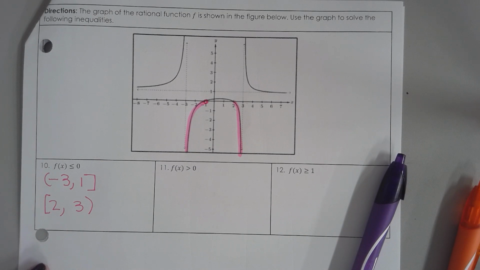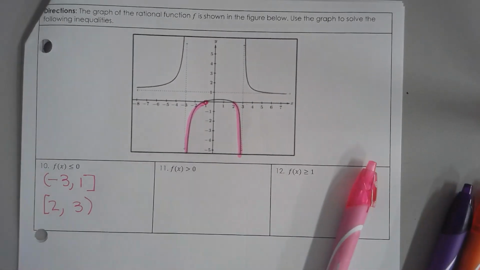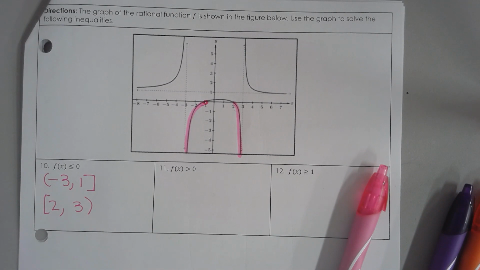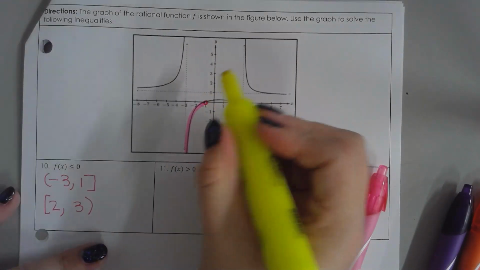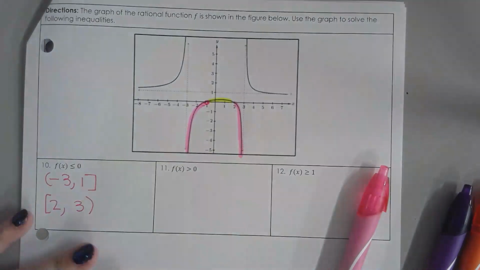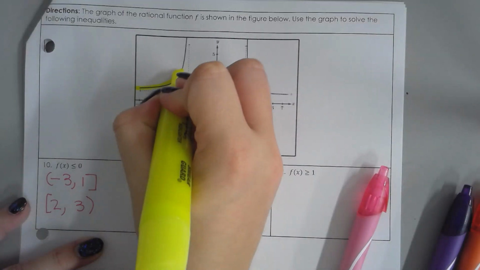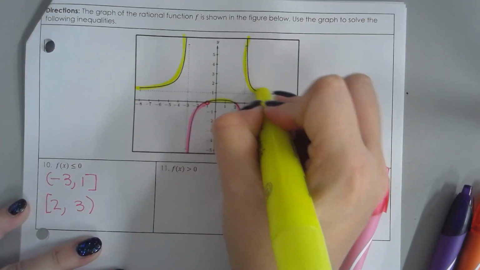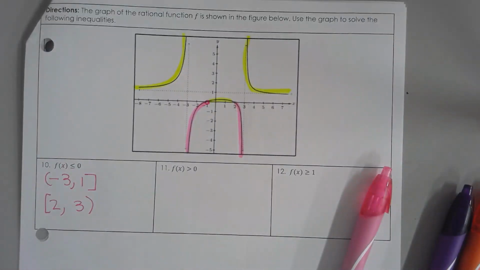Okay, greater than 0, so anything that's above the x-axis would be this section right here. That's above the x-axis, and those sections. Those are above the x-axis.